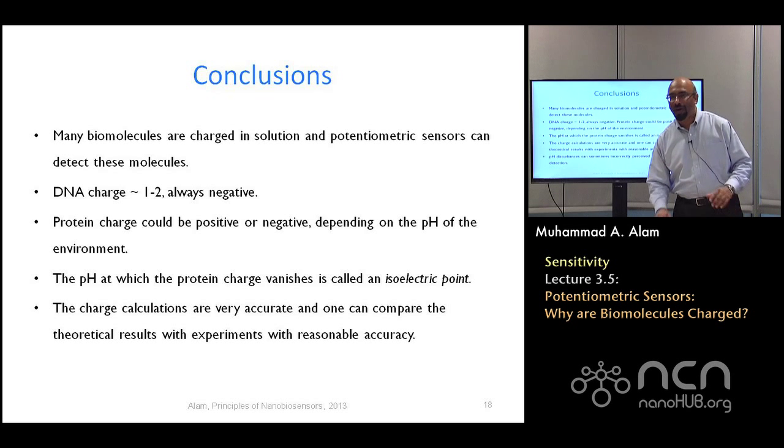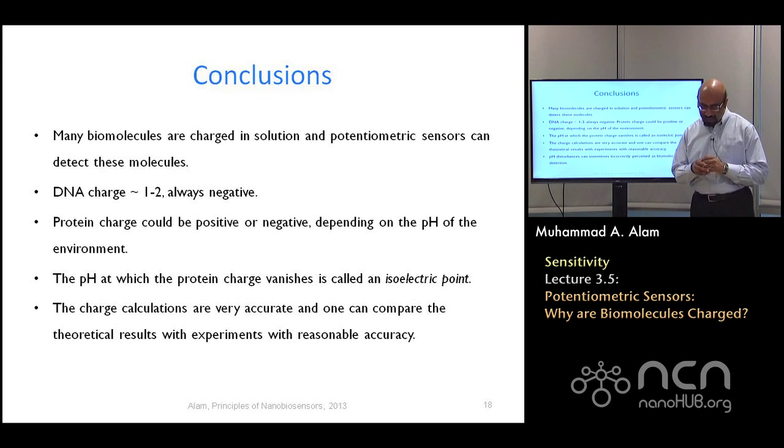Finally, I want to caution you a little bit. You see, we said for a given pH, the solution develops a surface charge, and the receptors will have a certain amount of charge. Everything is nice and good. Now let's say with a pipette you put a little bit of analyte molecule in. Maybe the analyte had some DNA, which is something you are trying to detect, but somehow if it disturbs the pH, remember pH is essentially just protons.